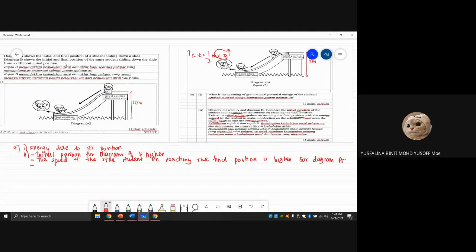It's not to compare the height and the gravitational potential energy. It asks you to relate the speed and the energy. So the answer should be: the higher the speed, the higher the energy gained by the student.